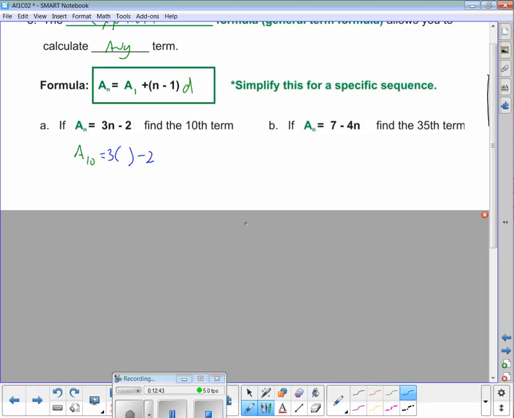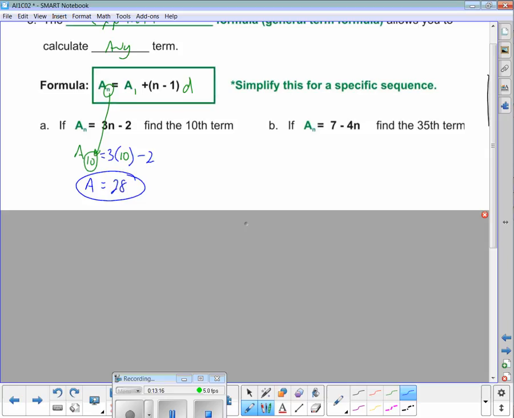Ooh, a lot of hesitation there. So a lot of people don't know what n is. Right? So what is n? N is 10. N is whatever the term is you're looking for. So finishing this off, 30 minus 2 is 28, right?